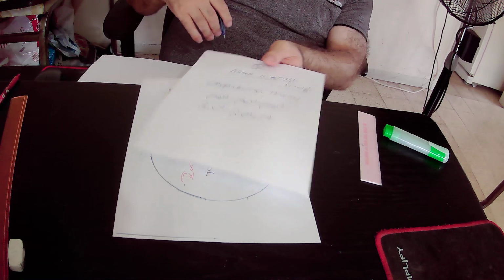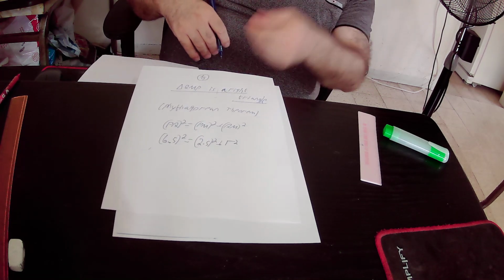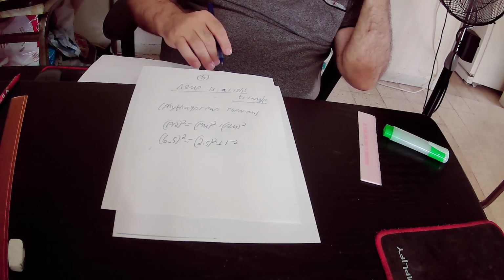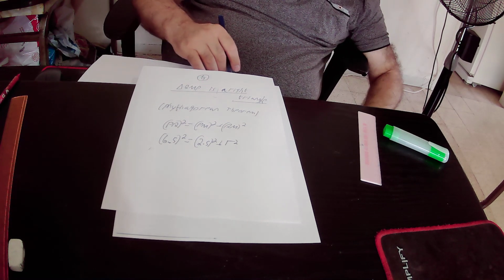So we got that 6.5 square equals 2.5 square plus small r square.